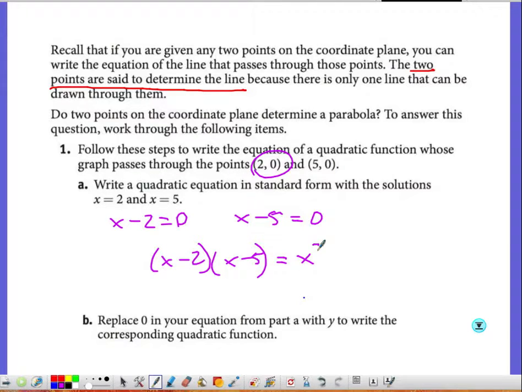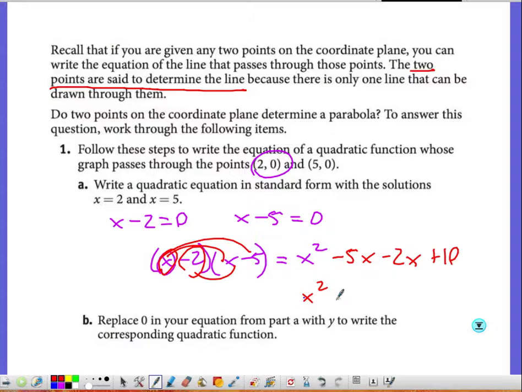So x times x gives me x squared. x times negative 5 is negative 5x. Negative 2 times x gives me negative 2x, and negative 2 times negative 5 gives me positive 10.